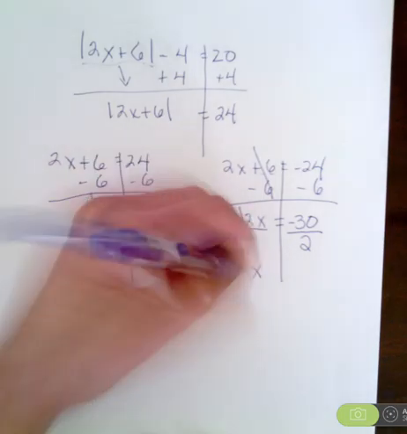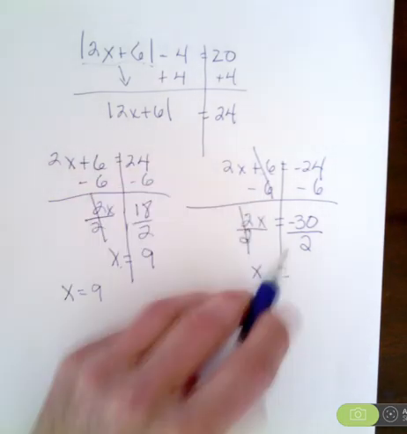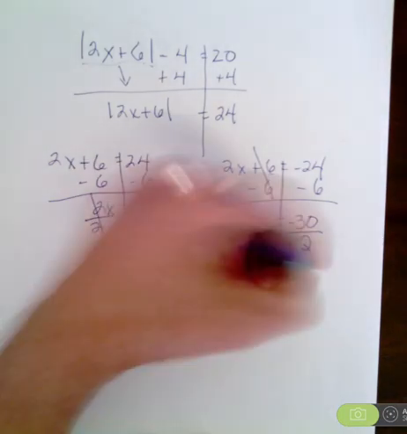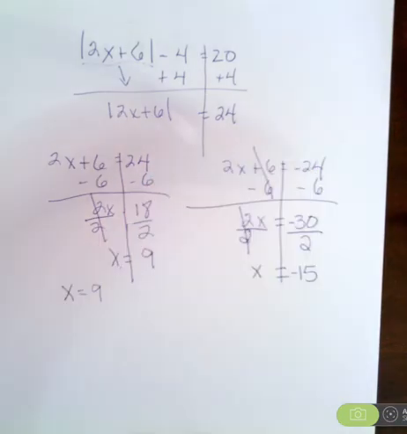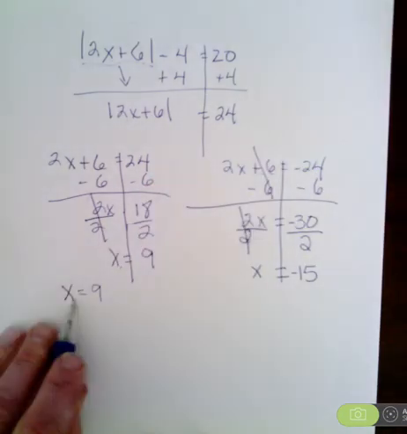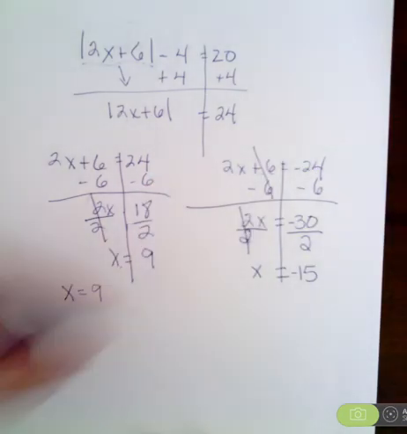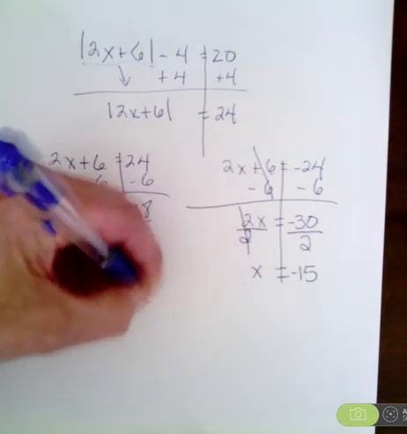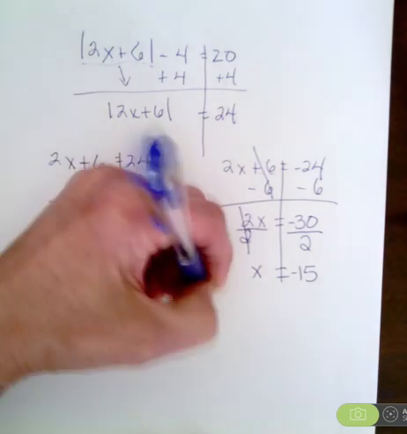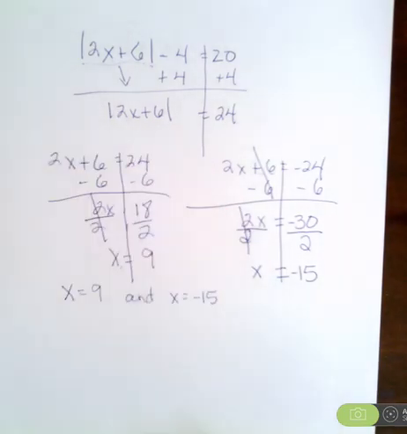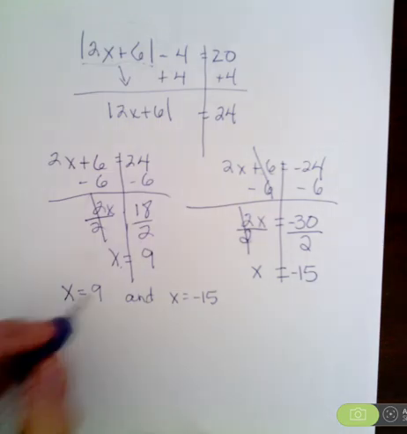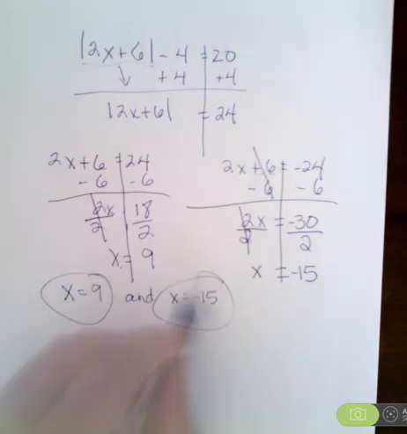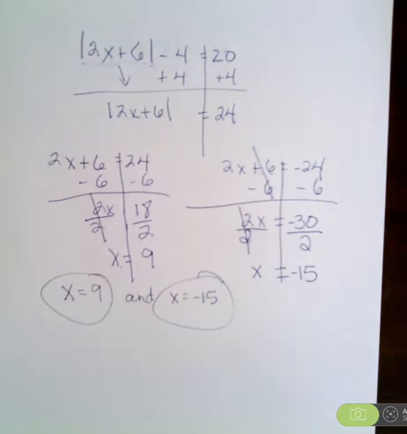I end up with x. Negative 30 divided by 2 is negative 15. So x is equal to 9, and x is equal to negative 15. These are the two possibilities that x can be.